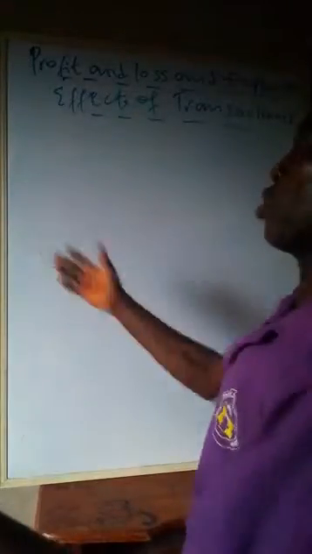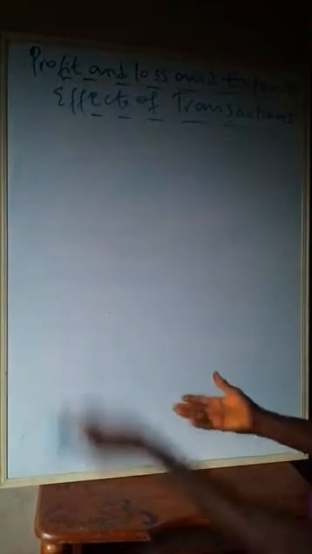So sales is treated in the revenue, while purchases is treated in the cost of sales. But today, we are treating profit and loss and expenses. After you have adjusted sales with the cost of sales, you arrive at gross profit. So after arriving at gross profit, you adjust it with expenses. Today we are dealing with expenses, and that is the effect of a single transaction.